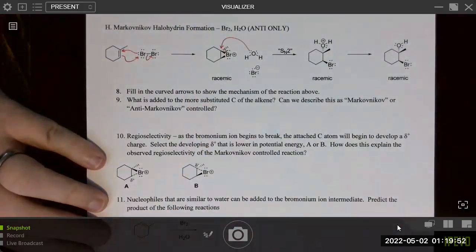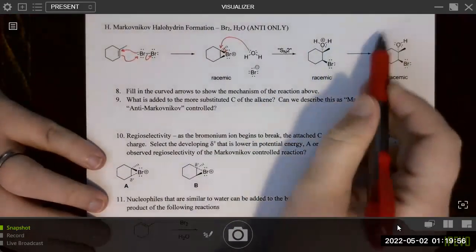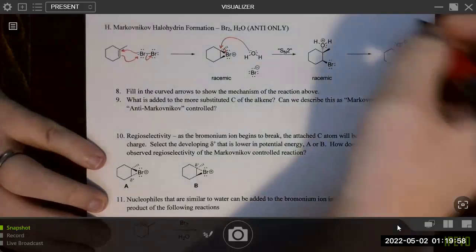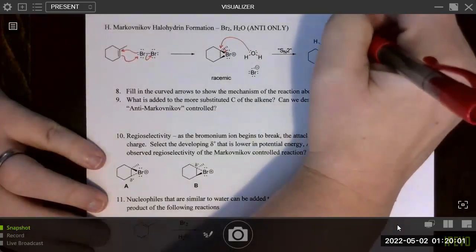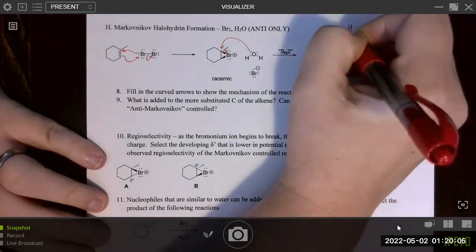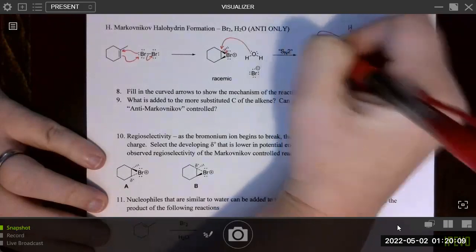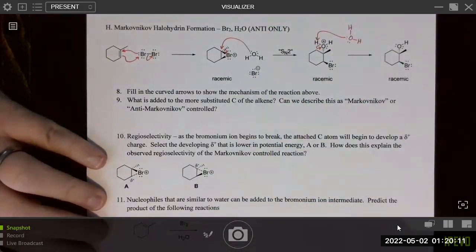And get the oxonium ion that needs to be deprotonated in order to get a neutral molecule. I actually need to draw in another water to do that final proton transfer. Okay, those are the arrows, and it says what is added to the more substituted carbon of the alkene.